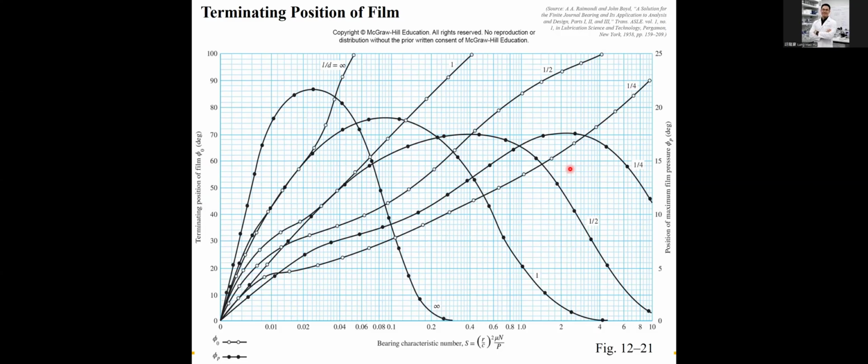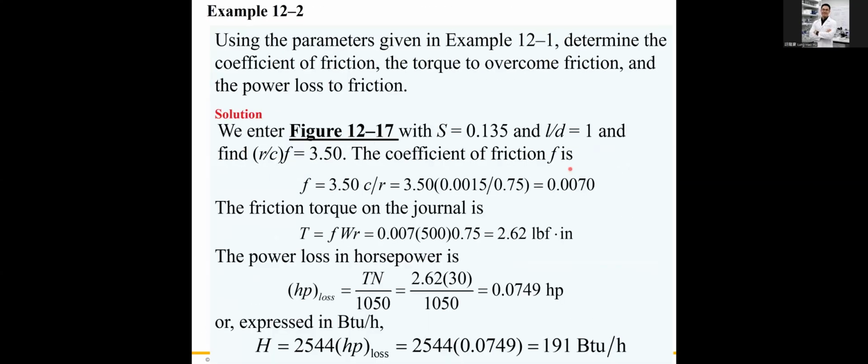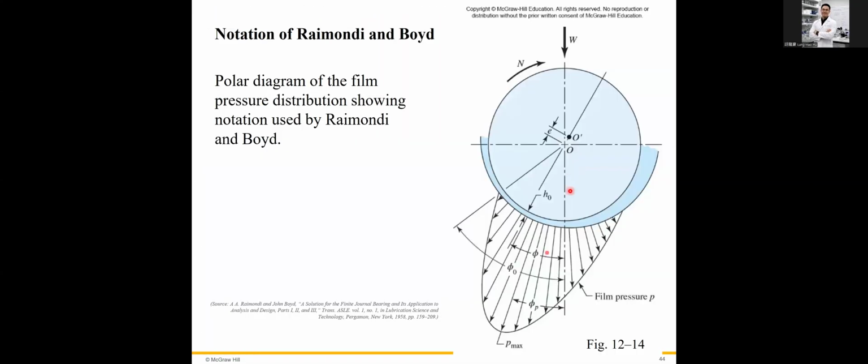Where is phi naught? Right here. The pressure starts to decrease gradually, and phi naught is the angle from the load vector.